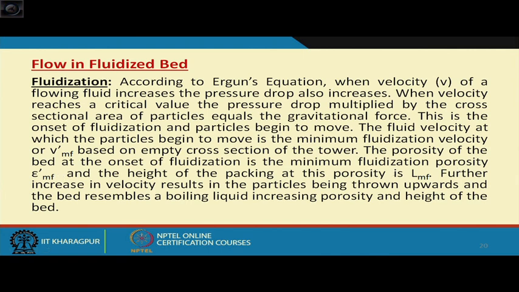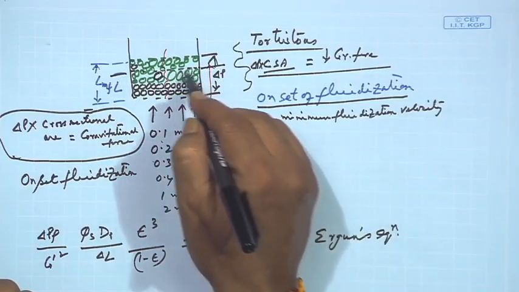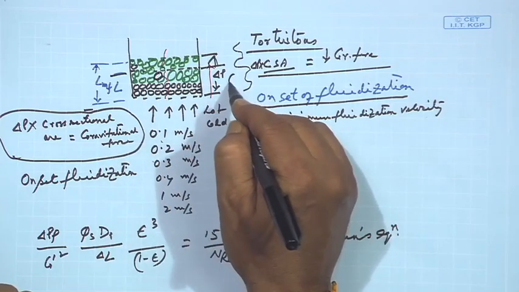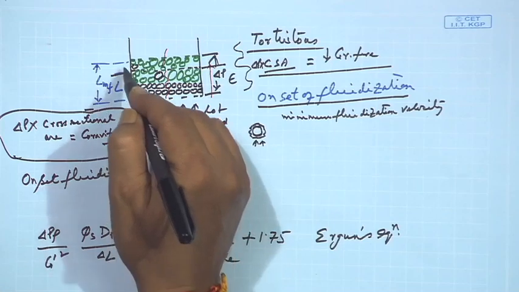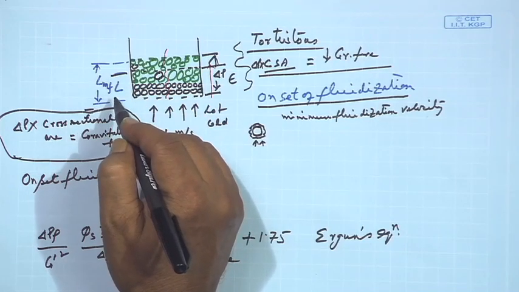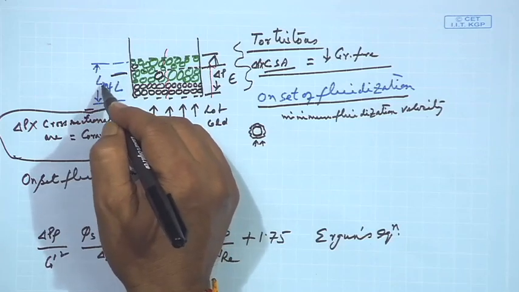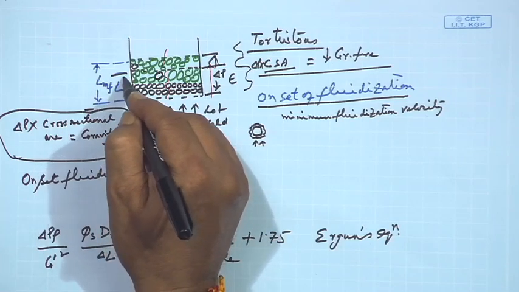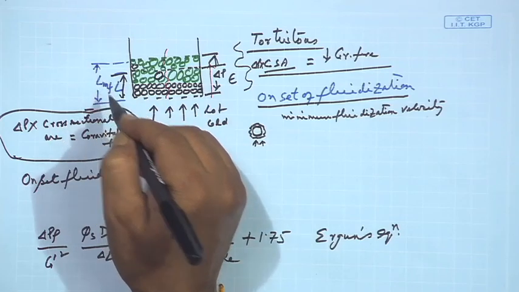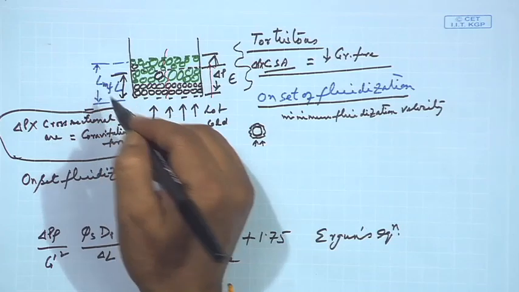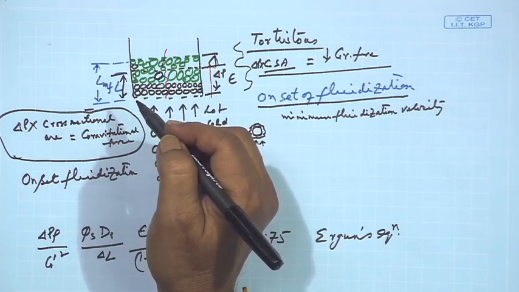So, as we said, initially there was a porosity, epsilon, and the height was here, L. Now, when the fluidization has started, the new height has become LMF, the bed height corresponding to which the fluidization is occurring.